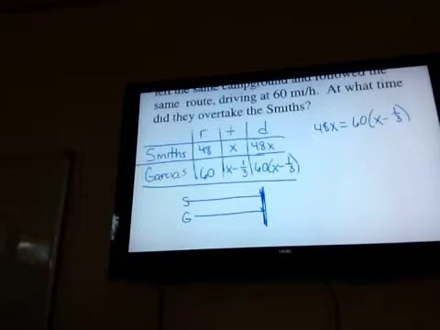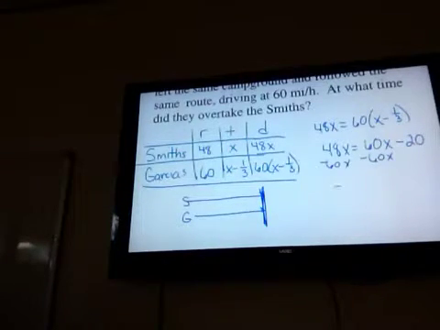And I worked this out. So 48x equals 60x minus 60 times 1/3, which is minus 20. Subtract your 60x, and I have negative 12x equals negative 20, and I divide, and I get a repeating decimal of 1.66666, so I need a fraction.